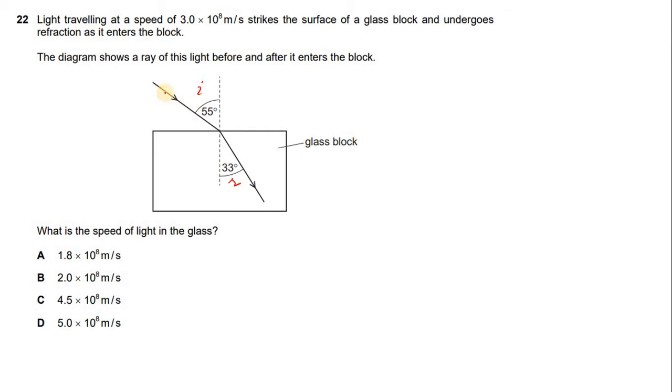Here we have the speed of light in air. This is air, and generally the speed of light in air is denoted by C, which is this number, the speed of light.